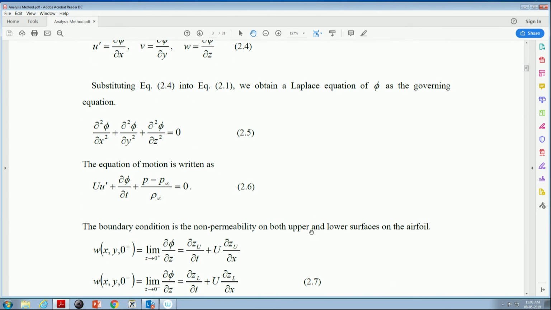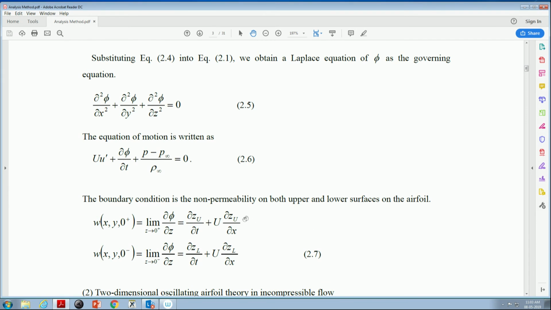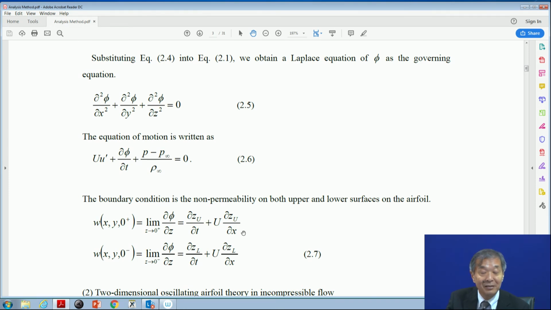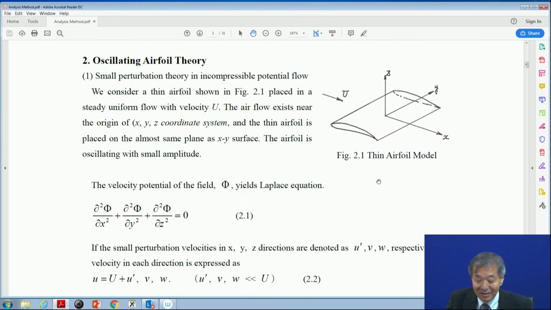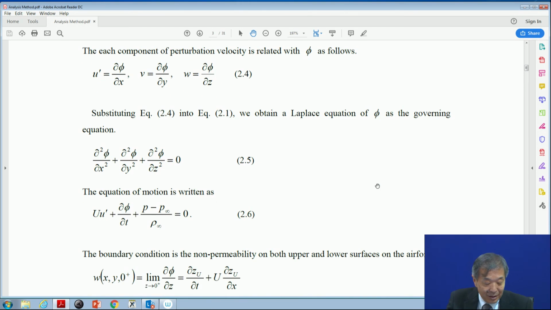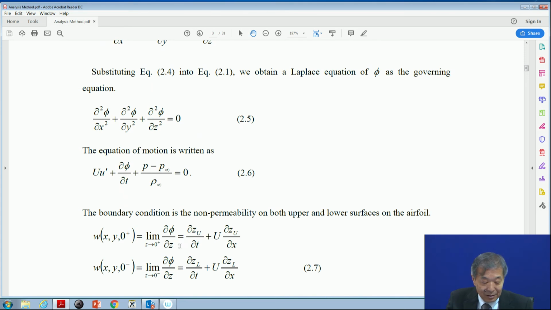And the boundary condition is written like this. It is the non-permeability condition on both the upper and lower surfaces of the airfoil, divided into the upper surface and lower surface. For the upper surface, w is the velocity in the z direction. It's three-dimensional, so in this direction, d phi dz, the limit of d phi dz as z goes to 0 plus.